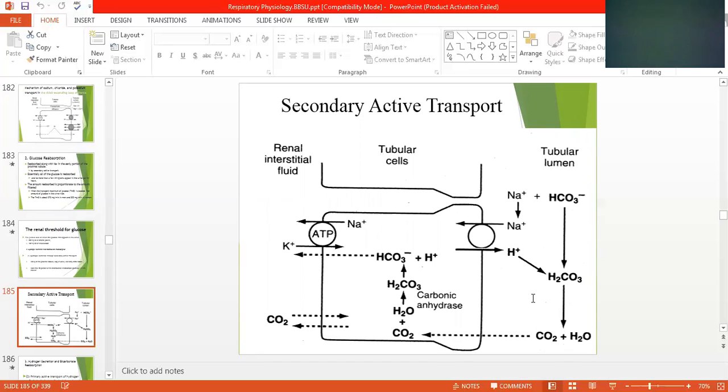H2CO3 is formed from the combination of one hydrogen in the cell with bicarbonate, HCO3 plus H. Then, with carbonic anhydrase, it breaks again into water and carbon dioxide, which is exhaled out. One carbon dioxide is also made from the bicarbonate on the right hand side.